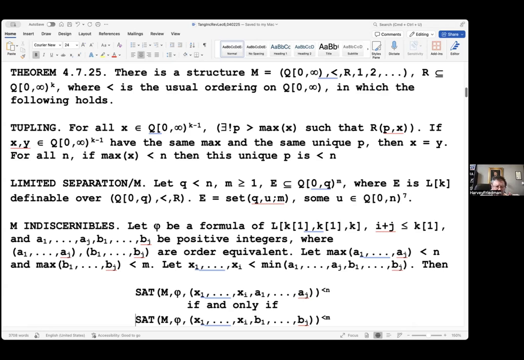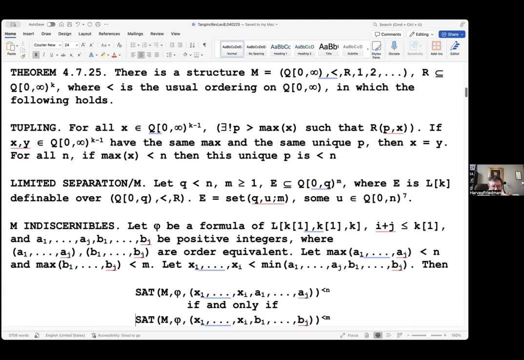Instead, we get something weaker, that if x and y have the same max and the same unique p, then they're equal. So we really only have a 1-1 encoding of a given max. This is a subtlety that we have to handle. It has some interesting implications.